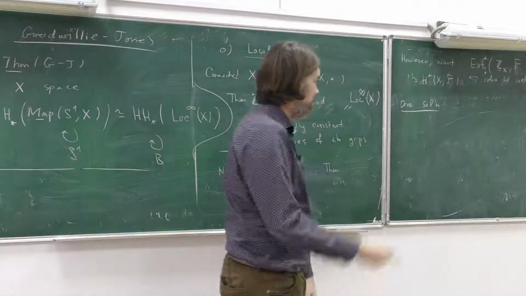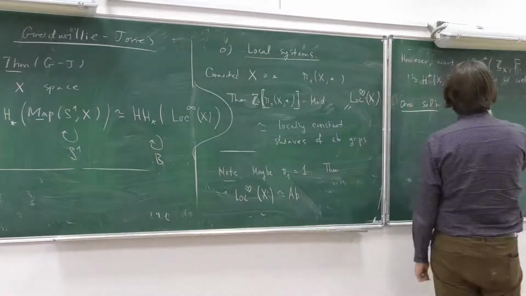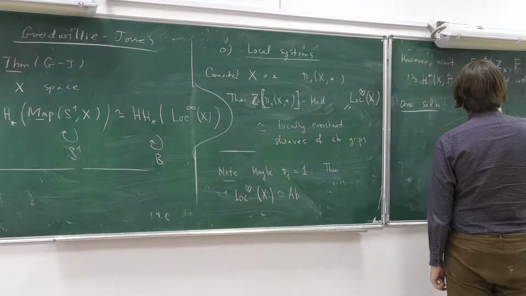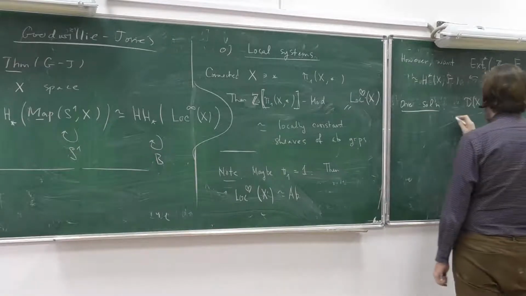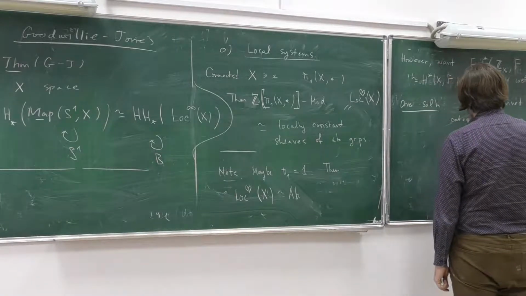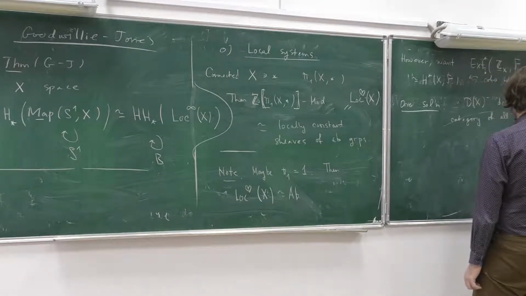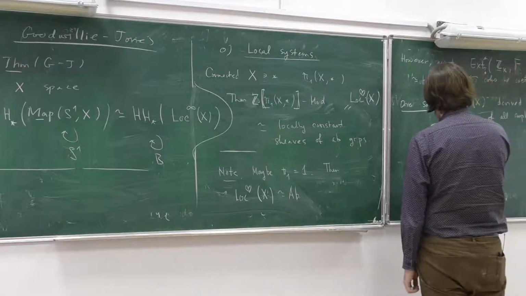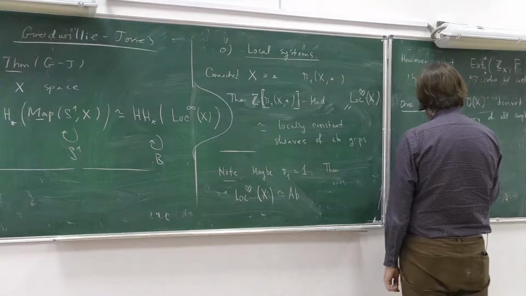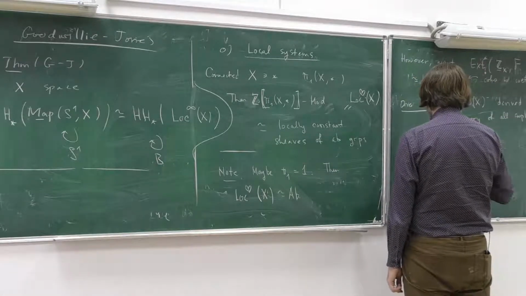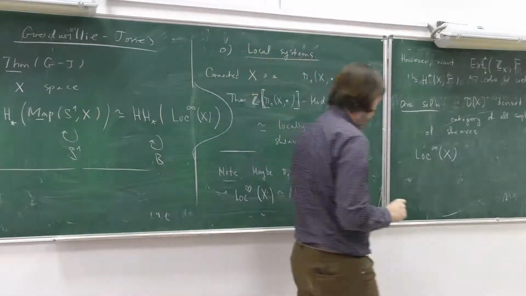One solution is to consider the derived category of all sheaves. So this is the derived category of all complexes of sheaves. And then inside of there, we could consider constructible, but I don't care about that today.